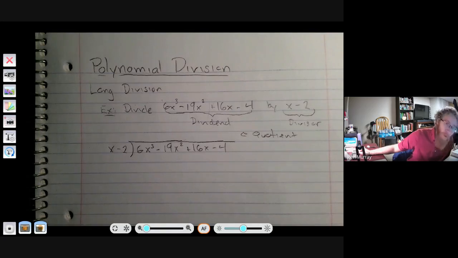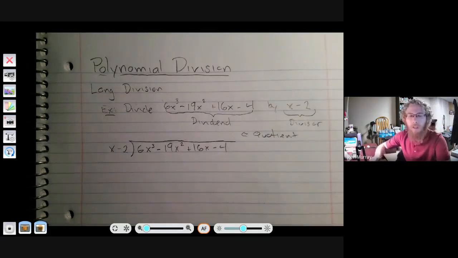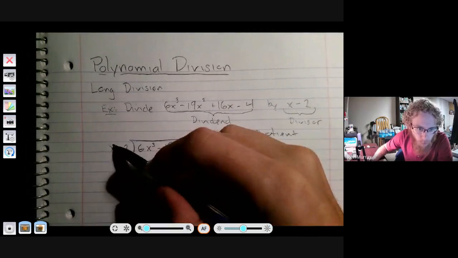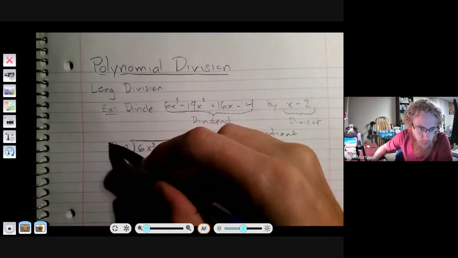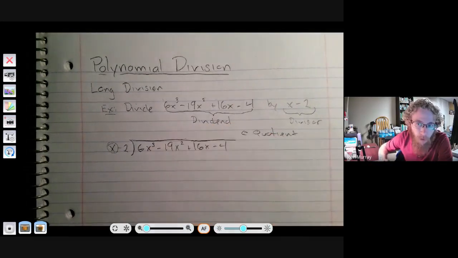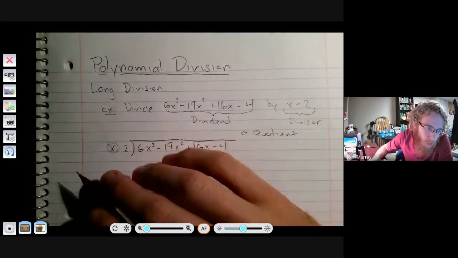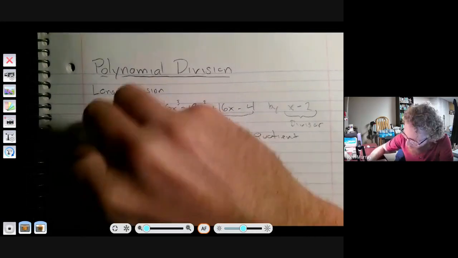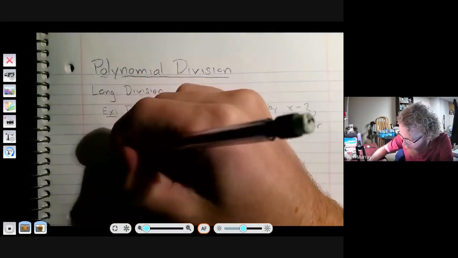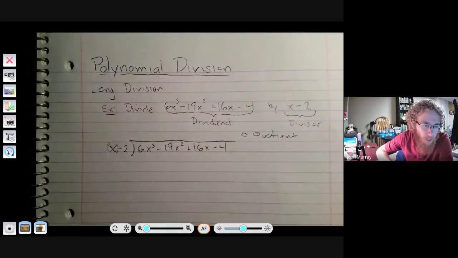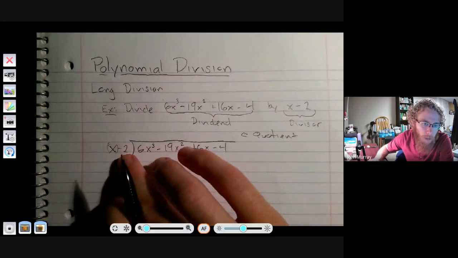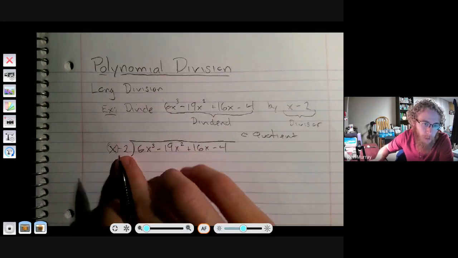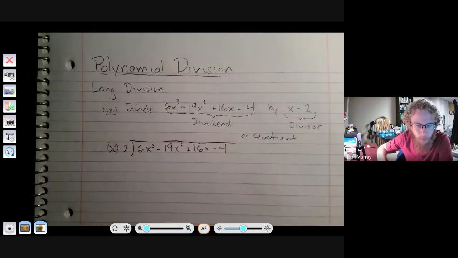Okay, so the way we deal with this is we focus on the first term of our divisor. Most of the time, I don't want to say always, but most of the time it's just going to be the x variable. Okay, not that I'm forgetting about this, but it's not that important right now.